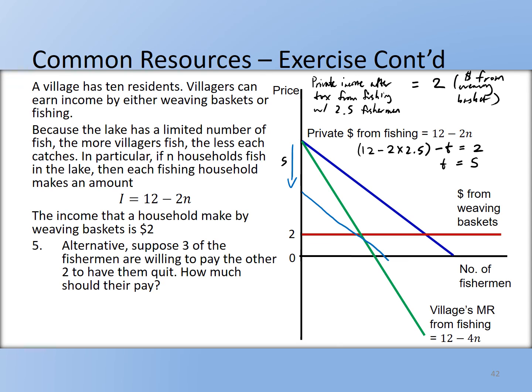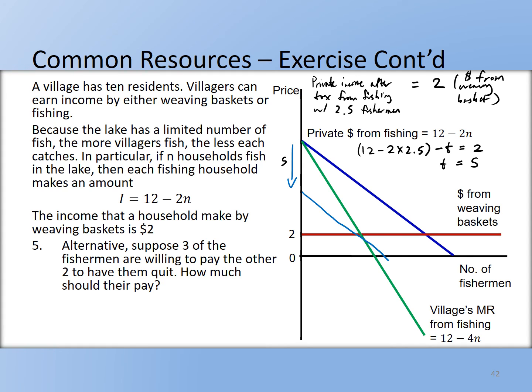Because naturally, in equilibrium, there will be 5 fishermen, and that's too many. 3 of the 5 can ask the remaining 2 to leave. That's okay. But after they leave, will other villagers come back in to become new fishermen? That would defeat the whole purpose, right?